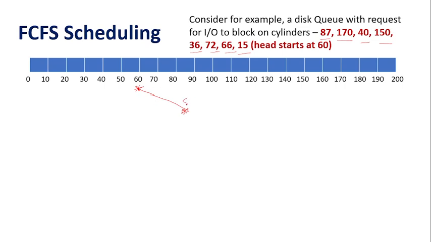Here the value is 87. Then 87 to 170, so parallel to here I am giving a mark. First it is at 60, then 60 to 87, 87 to 170, and from 170 it goes back to 40.